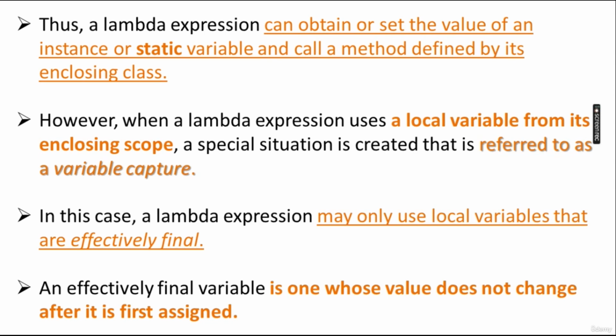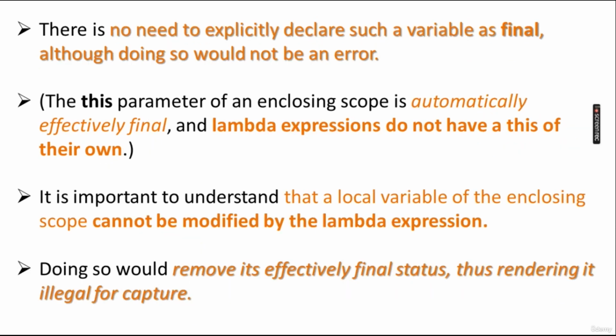Second, they are effectively final variables. No need to declare them as final, but their effect should be final. Likewise, this value should not be changed. And no need to write them as final. This parameter is already automatically effectively final, but lambda expressions do not have a this of their own.